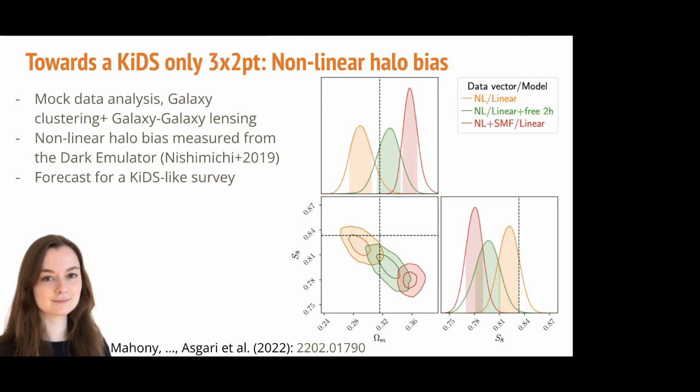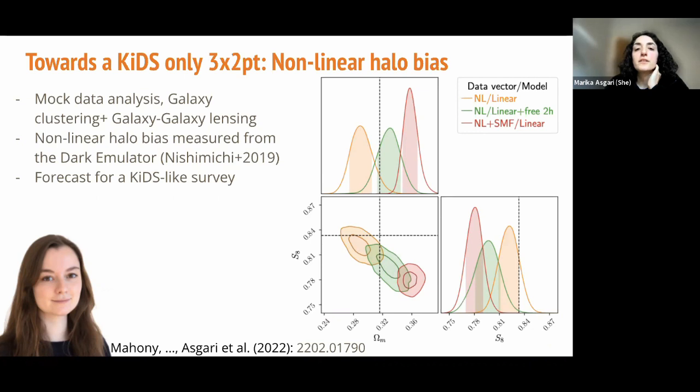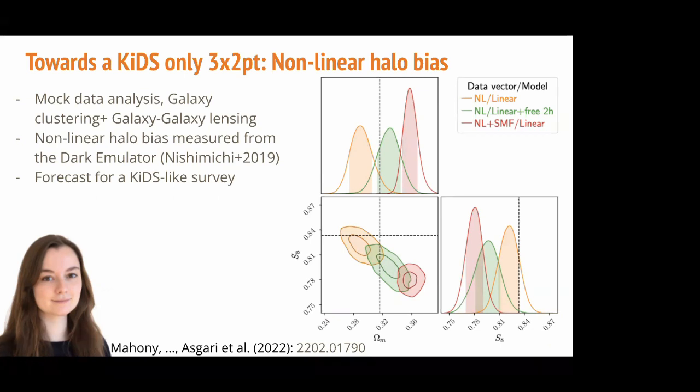If you include free 2-halo parameters or nonlinear terms with S star, I assume that's the stellar mass function, in the graph I can see that it overestimates sigma 8, but it consistently underestimates S8.